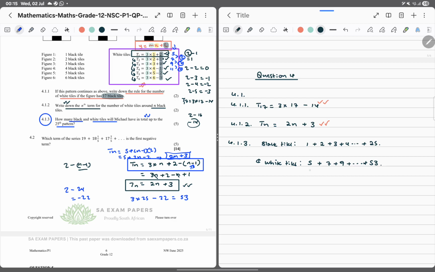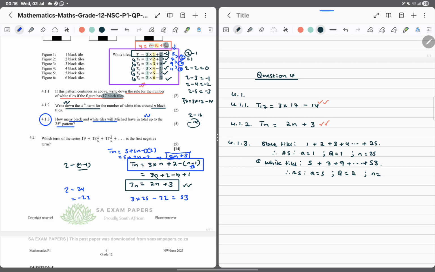Again, we see this is the arithmetic sequence. Maybe we can understand here, this is an arithmetic series with A being 1 and D equals 1. Here, this is an arithmetic series with A is 5, and then D is 2. And of course, here the number of terms is basically 25.